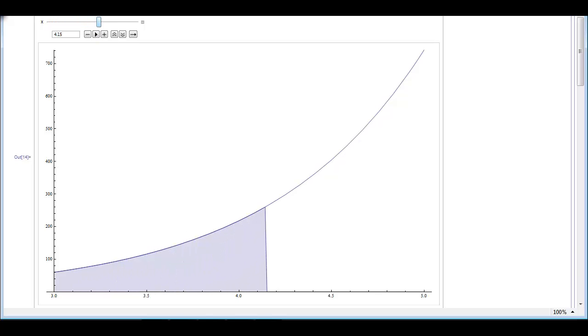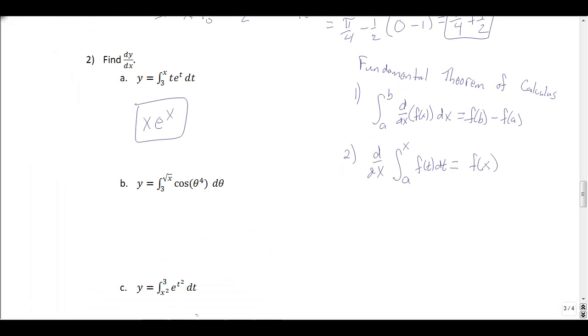So really this is saying that the x value is out here, and the function value is the area of the shaded part. And that changes as I increase x here. Now, what this fundamental theorem is saying, what this derivative is saying, is that the change of y, how fast y is growing, is really just x e to the x here.